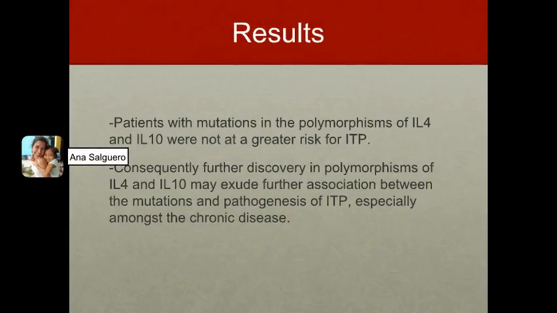Basically, the results showed that patients with mutations of IL-4 and IL-10 were not at a greater risk for ITP, but were more likely to have chronic ITP. Nonetheless, further discovery of polymorphisms amongst those cytokines may reveal further association between the mutations and the pathogenesis of ITP, particularly in chronic disease.